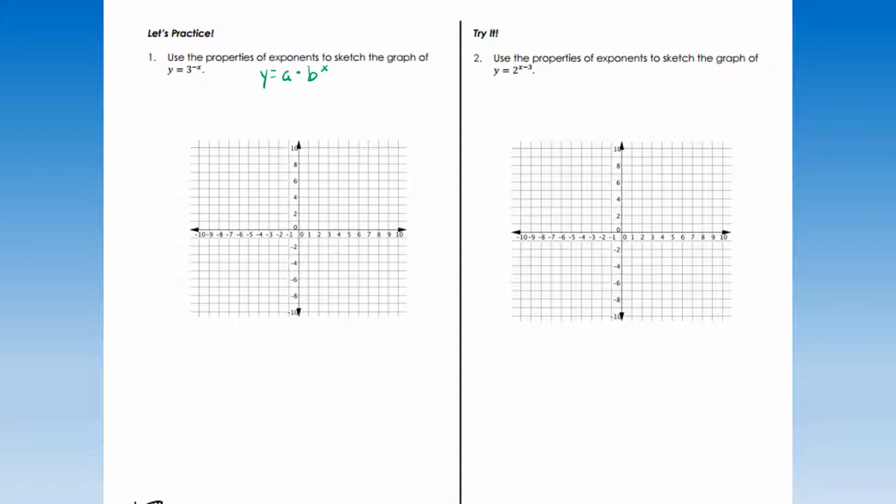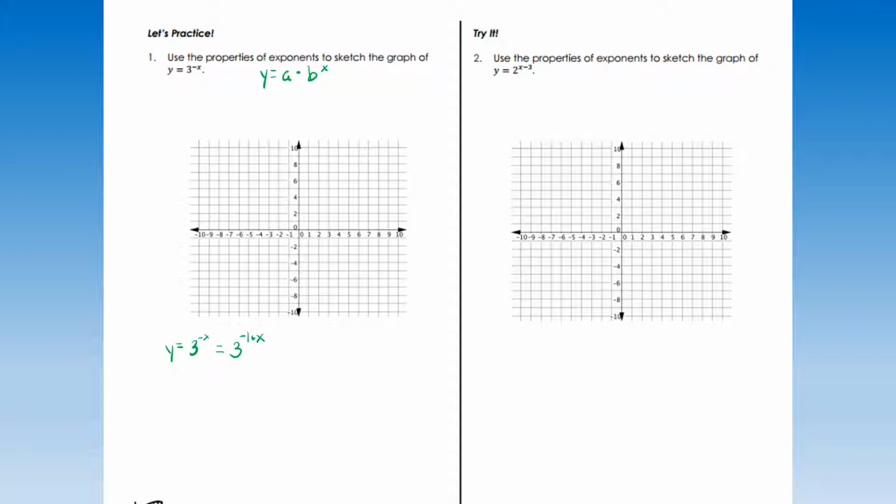So we've got y equals 3 to the negative x. Well, how do I get negative x? Well, let's think that is -1 times x, right? Because I want x to be a positive variable. So negative x becomes -1 times x.